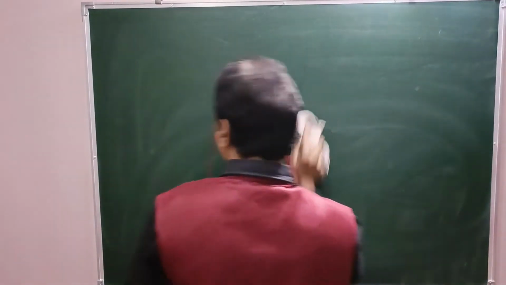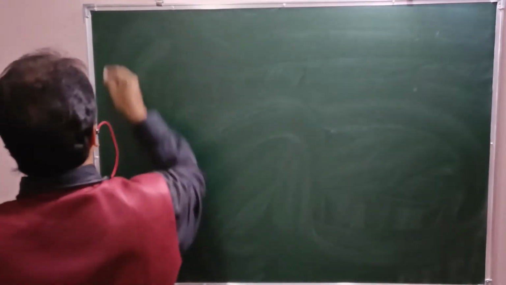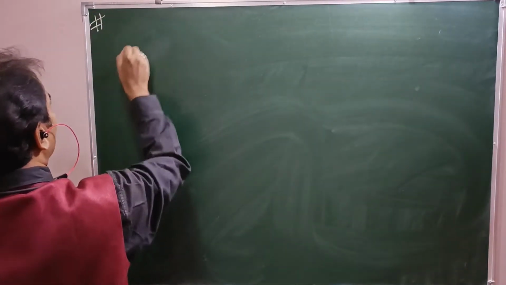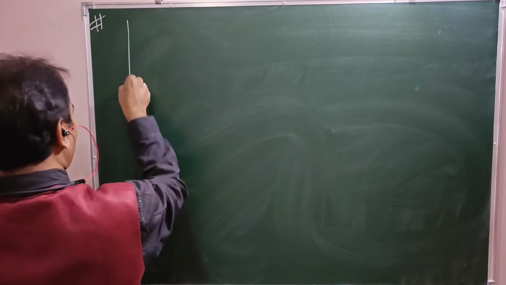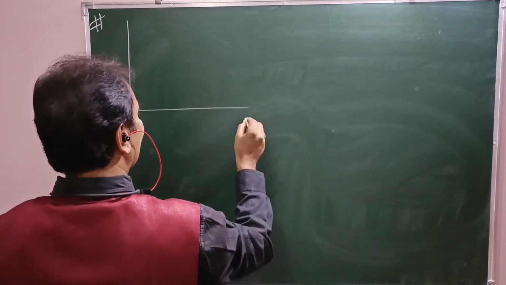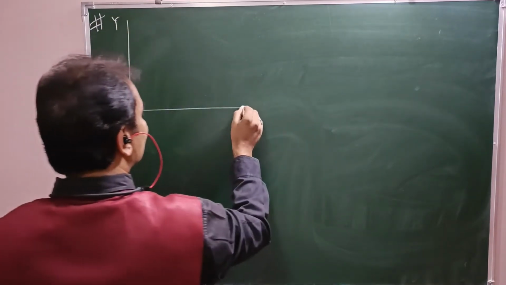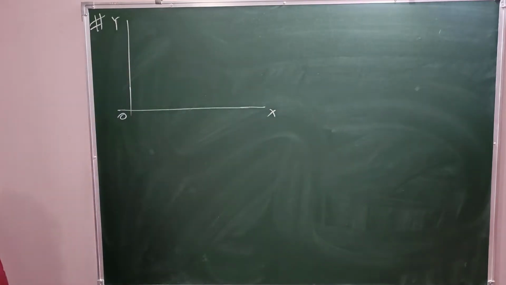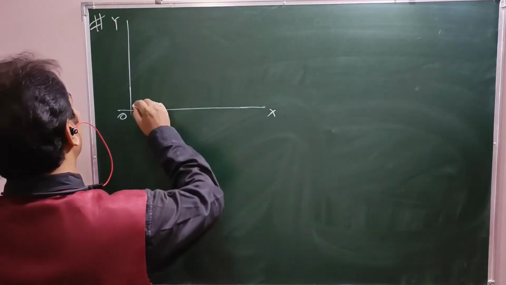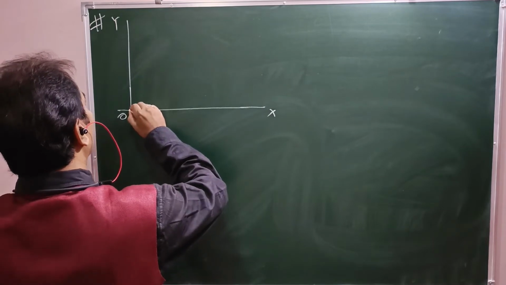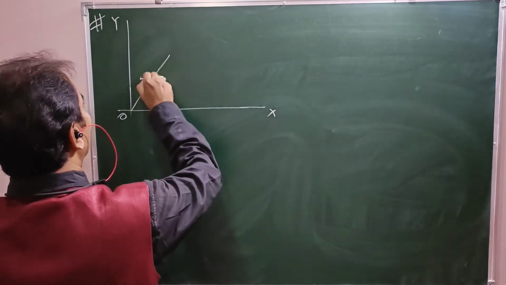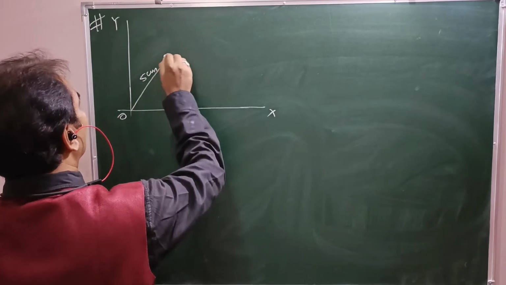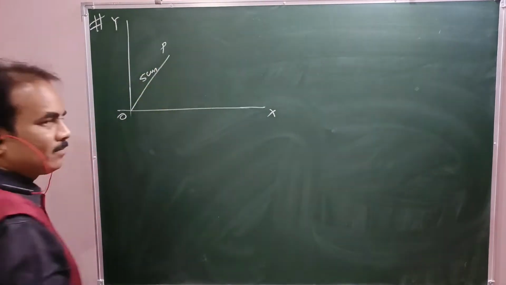This is the XY plane, this is the y axis, this is the x axis. This is point O, the origin. Now a particle starts from O and moves through 5 centimeters from O to P.